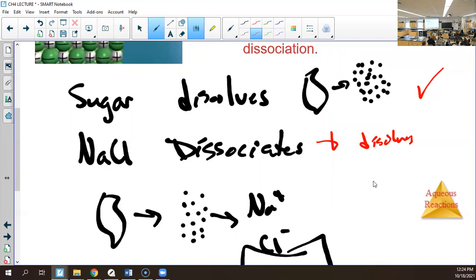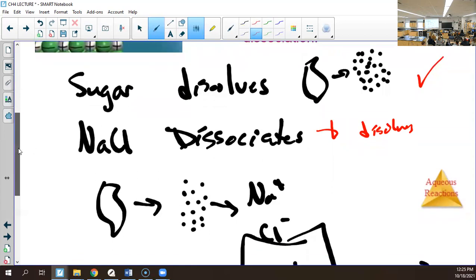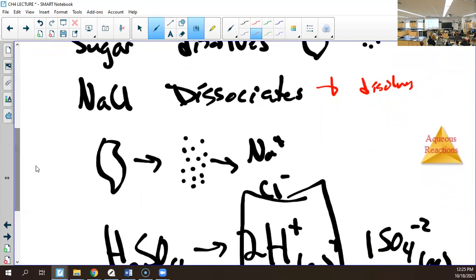Okay, so salt, when we put it in water, dissolves into small pieces, but it also dissociates, or is solvated, which is another weird term, but that's okay. What that means is that the actual Na plus and Cl minus are pulled apart from each other. They disassociate.